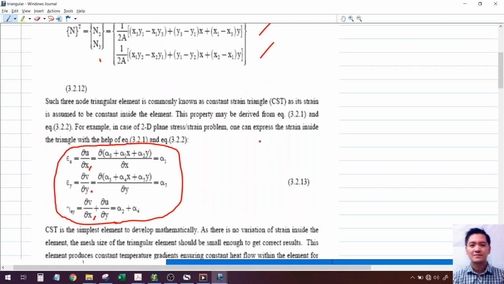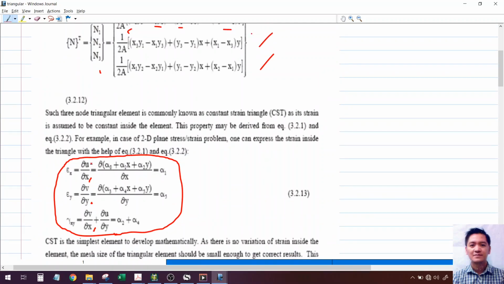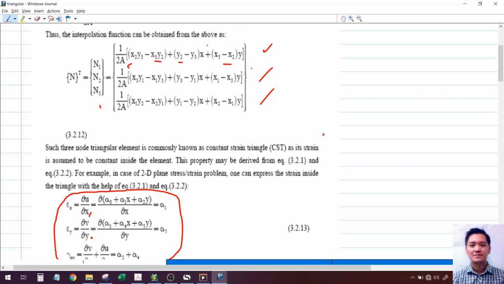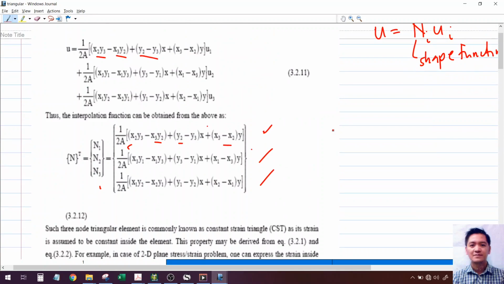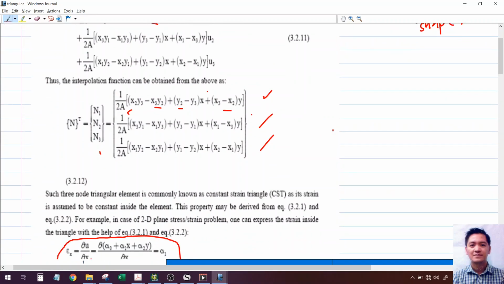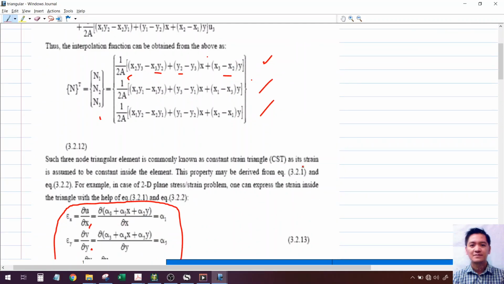Okay. So, simply find the derivatives or partial derivatives of u. Okay, ang u natin, if you remember, is alpha naught plus alpha 1x plus alpha 2y, di ba? That is our u. While our v is alpha 3 plus alpha 4x.